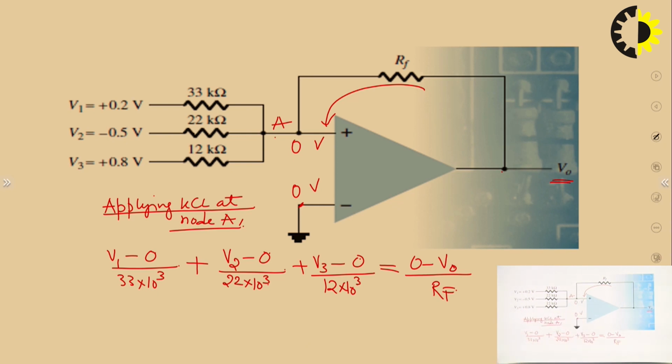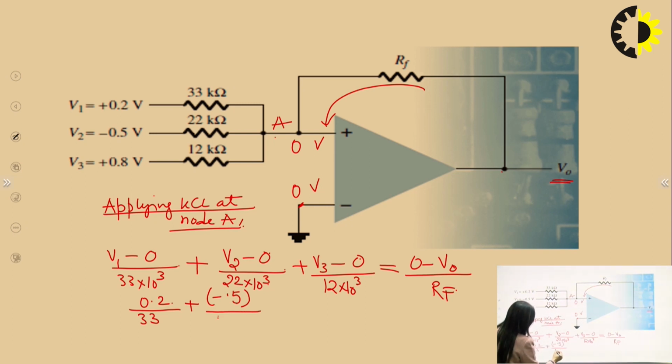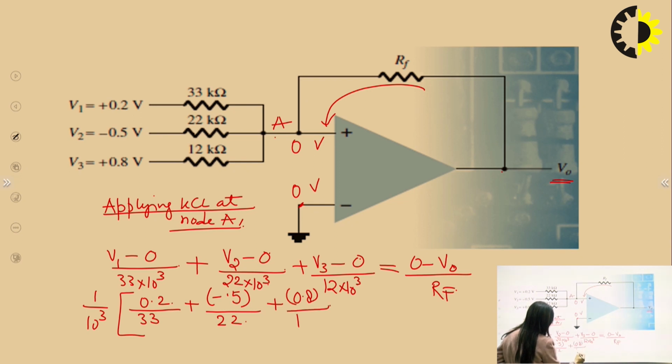Putting the values of all these: 0.2 upon 33, plus minus 0.5 upon 22, we take 1 upon 10 raised to the power 3 as common, plus 0.8 upon 12, is equal to minus VO upon RF.